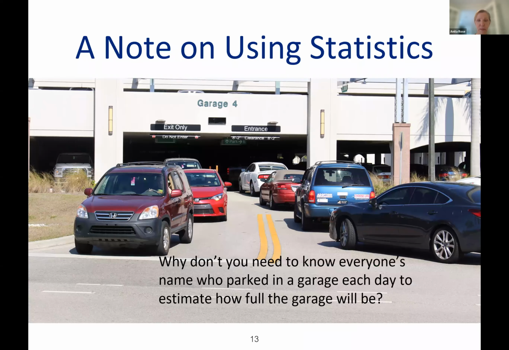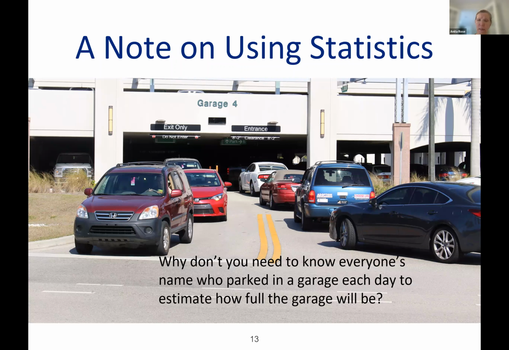So here's a note on statistics. When we're using statistics, normally we are running statistics with quantitative data, data that's measurable, and we can apply statistics. Why don't we really need to know everyone's name that is going into the garage? We don't need to know their name. What's more important is how many people are going in.